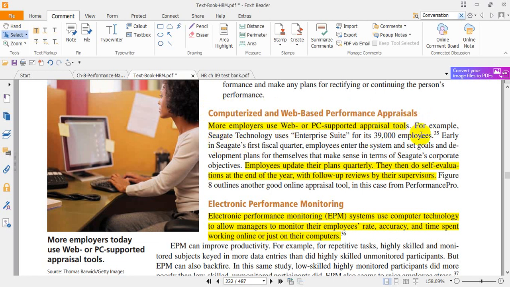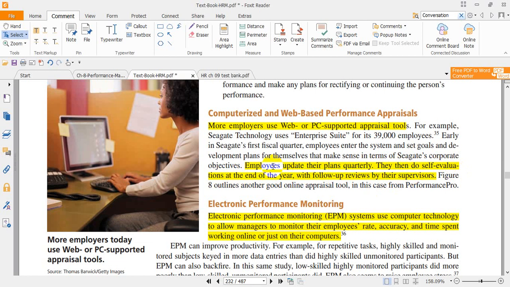For example, more employers use web or PC supported appraisal tools. Employees update their plans quarterly. They then do self-evaluation at the end of the year with follow-up reviews by their supervisors.